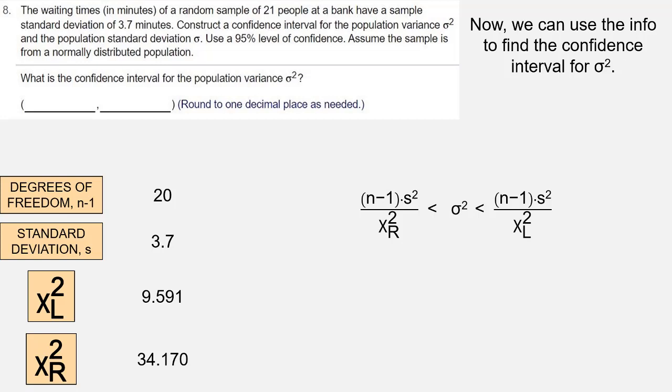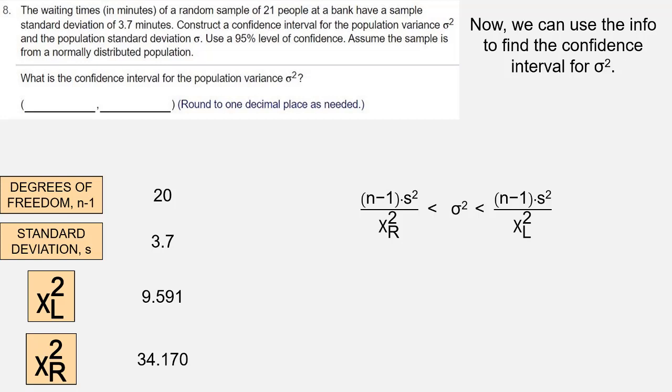The chi-square R value is on the left and the chi-square L value is on the right. At first this may seem counterintuitive, but it actually makes perfect mathematical sense. Chi-square R is further to the right on the x-axis than chi-square L, which means that chi-square R is a larger value. When you put a larger value in the bottom of a fraction, that makes the value of the fraction smaller. So that means the fraction on the left-hand side of this inequality is a smaller number, and the fraction on the right is a larger number, so the inequality can be true.